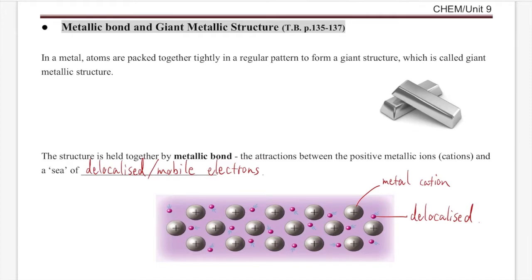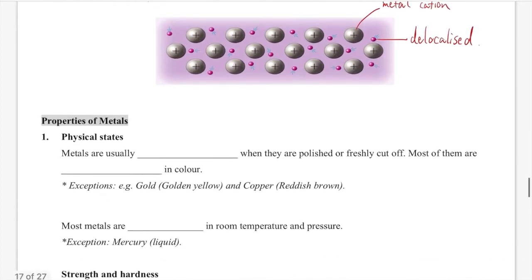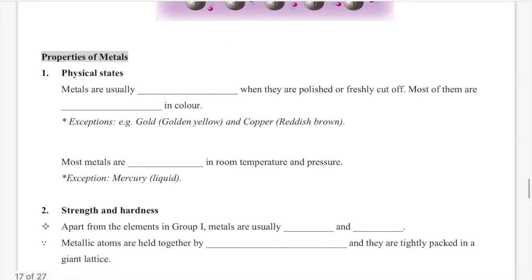Now let's move on to take a look at the properties of metals. The first one, physical states. Metals are usually lustrous or shiny when they are polished or freshly cut. Some metals are quite reactive, so they react with oxygen in the air and turn into a dull surface.